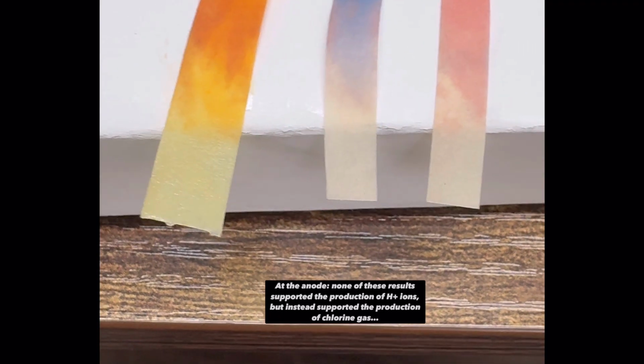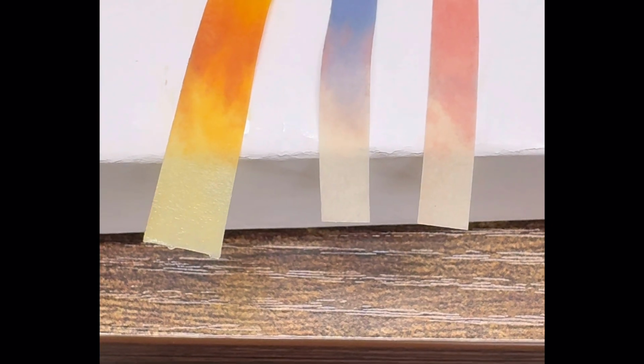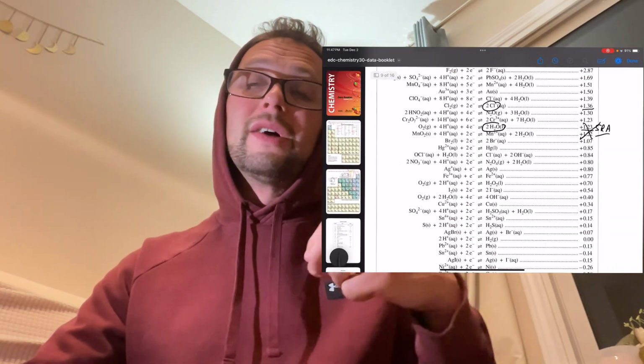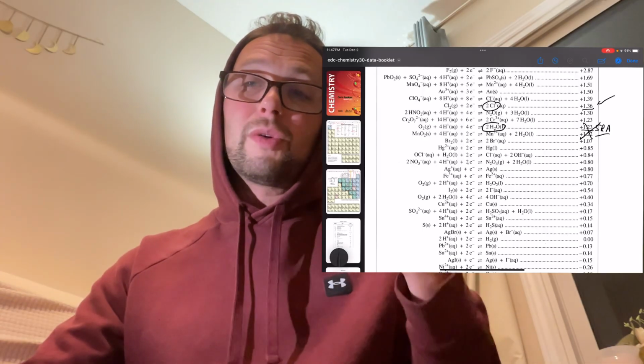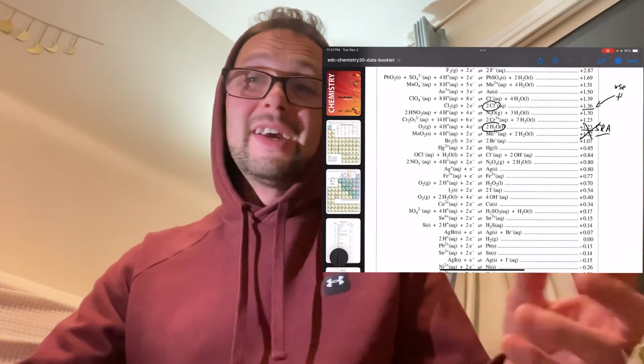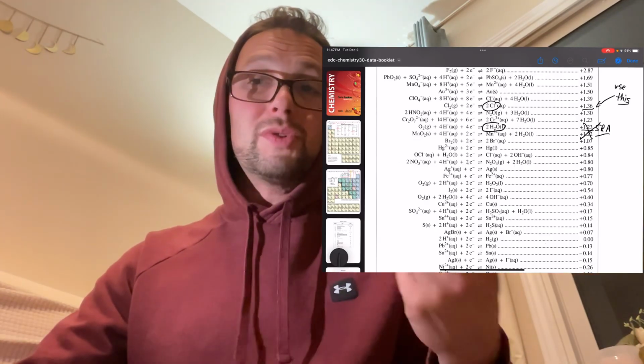thing, that at the anode, it was chloride ions that were oxidized into chlorine gas instead of water. So what happened here was that it turns out that it was chloride ions that got oxidized at the anode instead of water. And the reason for that is, while the reduction potential of chloride ions is higher, which means that they're weaker reducing agents, they still occurred at the anode, although water is a stronger reducing agent.